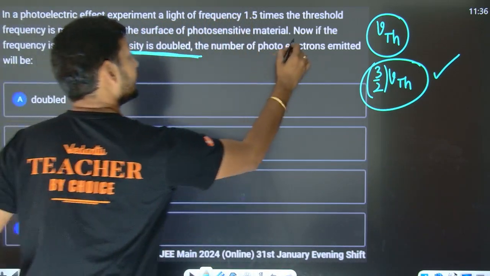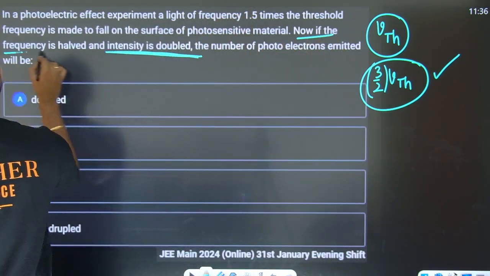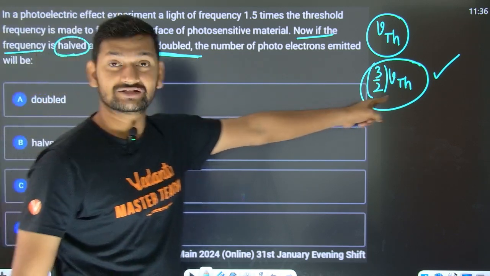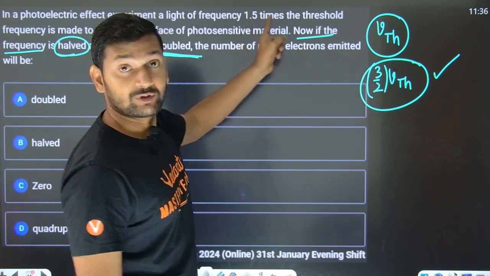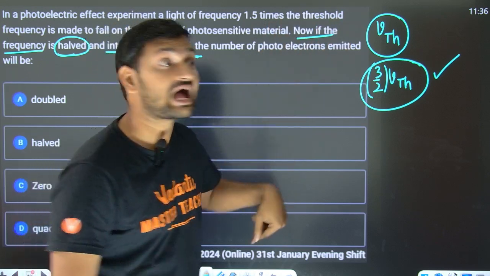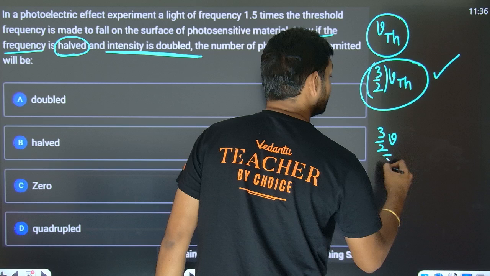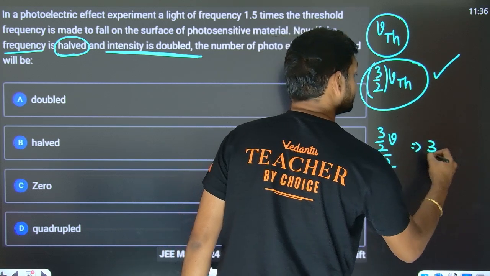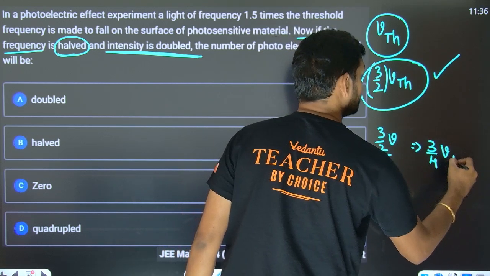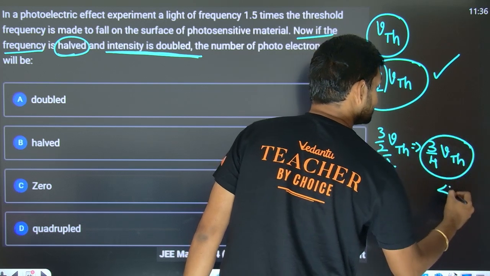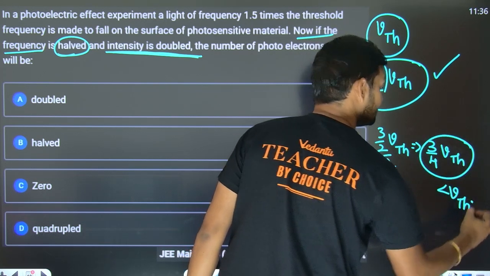But now look, now if the frequency is halved, let's say they are throwing 1.5 in the beginning, right? Now they made it half. So if it is halved, 3/2 ν becomes 3/4 ν_th. So this is less than the threshold frequency.